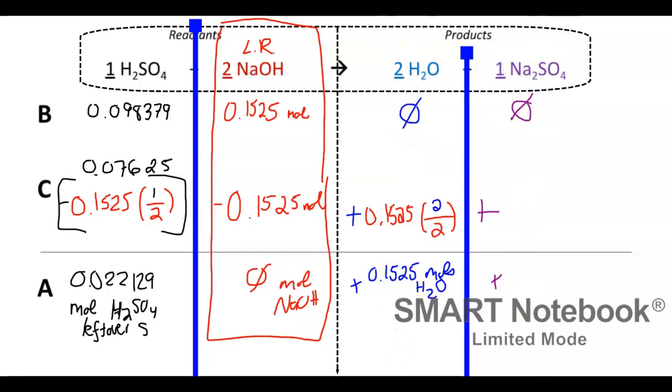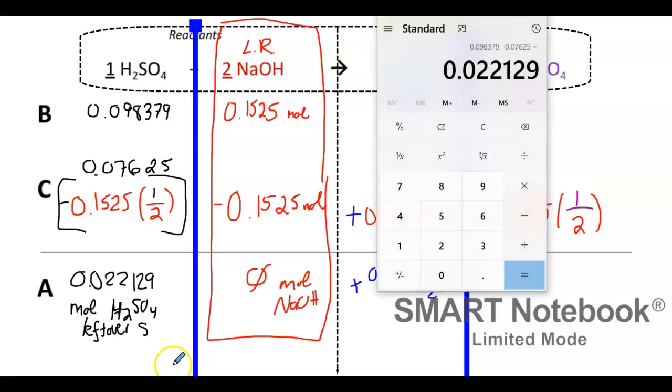Okay. So how much sodium sulfate am I creating? I'm creating, based off the limiting reactant, 0.1525 moles of the sodium hydroxide times the ratio of the unknown sodium sulfate to the known sodium hydroxide. So that mole ratio comes from the balanced chemical equation.